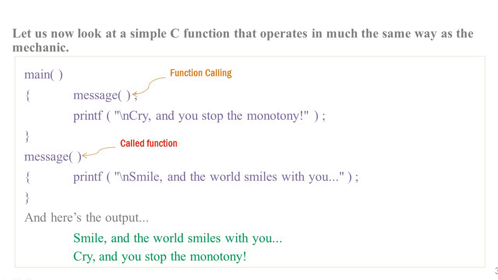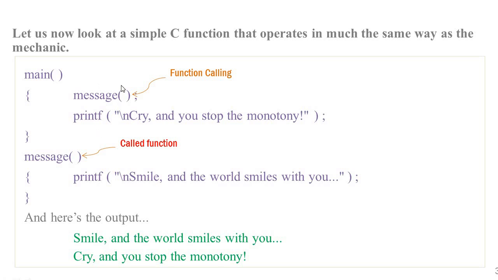So over here, what is the control structure? As you know, execution of a C program starts with main. So inside this main, we first call this message method. What happened? Control jumps to this statement, to this called function.